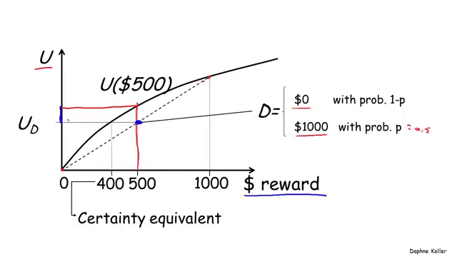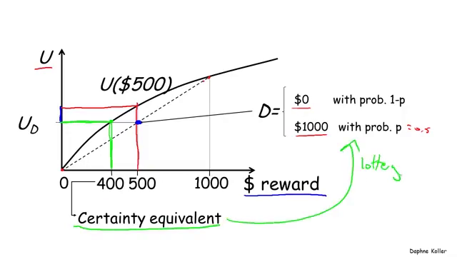Now, if we look at what the lottery is worth, that is the risky version, we can see that that sits over here and might, for example, be corresponding to getting $400 with certainty. So that $400 is called the certainty equivalent of this lottery over here. That is, it's the amount that you'd be willing to trade for this lottery in terms of getting that money for certain.